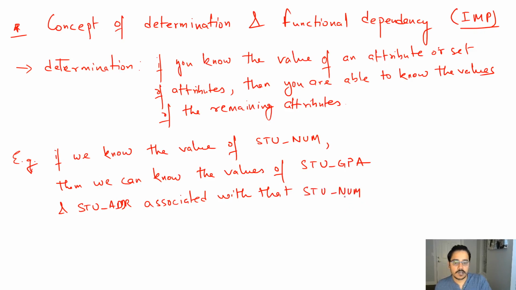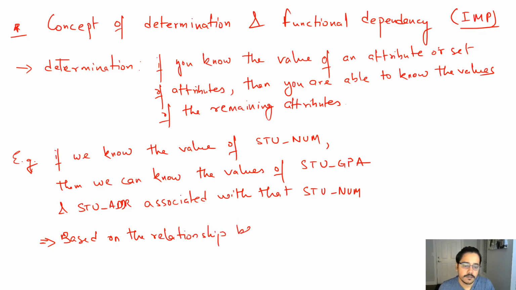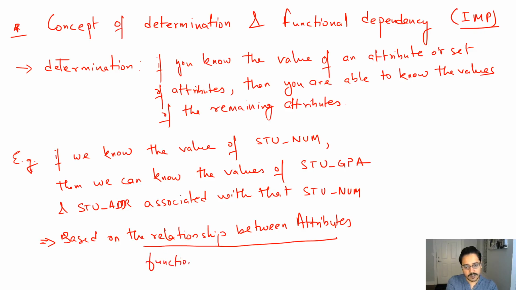So you see this structure is basically based on the relationship between attributes. And this kind of determination, which is based on the relationship between attributes, is known as functional dependency.